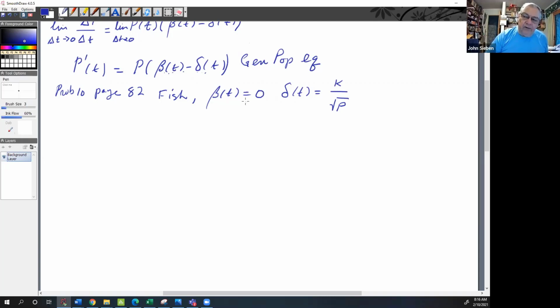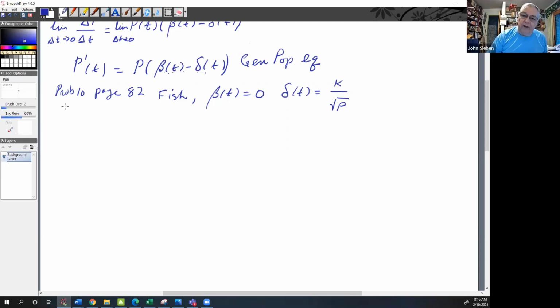Because of a disease, the birth rate has gone to 0, and the death rate is inversely proportional to the square root of P. That is, delta of t is a constant divided by the square root of the population.